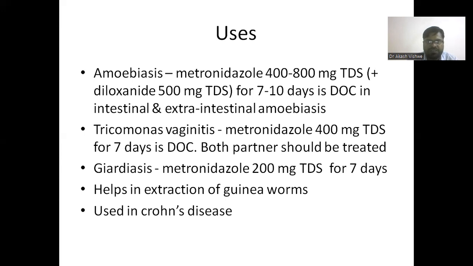Now the specific uses of metronidazole. The first one is in amoebiasis. Metronidazole 400 to 800 milligram thrice a day is generally the drug of choice in the intestinal and extraintestinal amoebiasis for 7 to 10 days of duration.